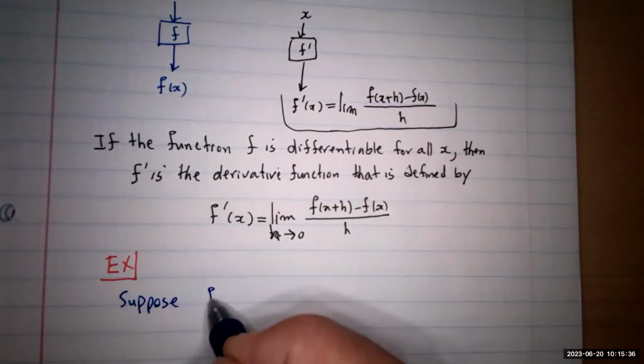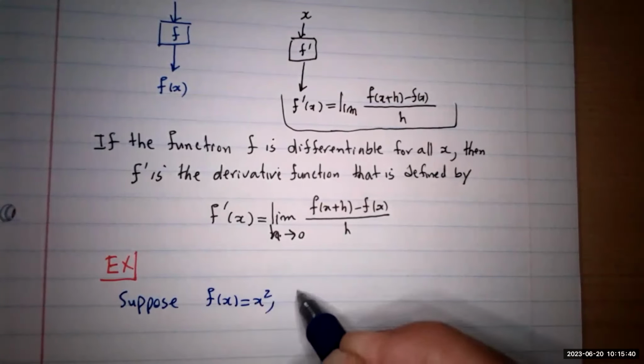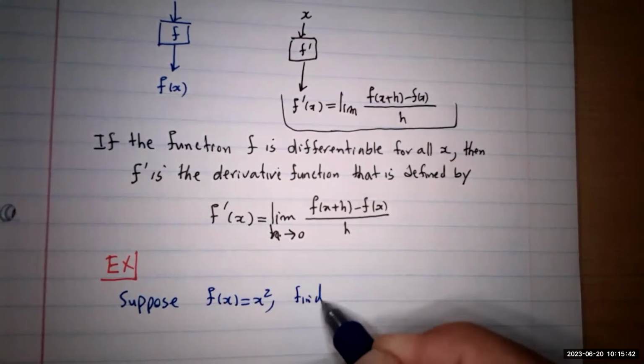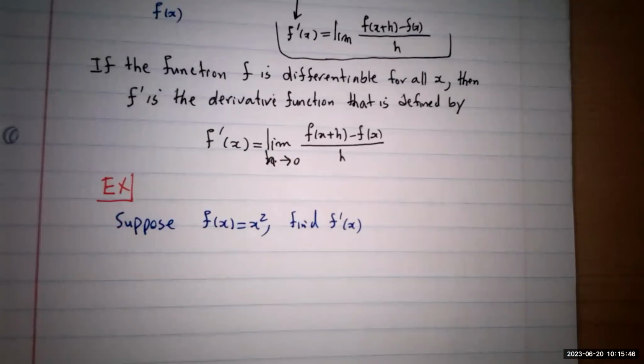Suppose f of x is x squared. We want to find f prime of x. You see, it's not f prime of 2, f prime of 5, or f prime of 6; it is f prime of x. So this means you are going to use it as a machine.